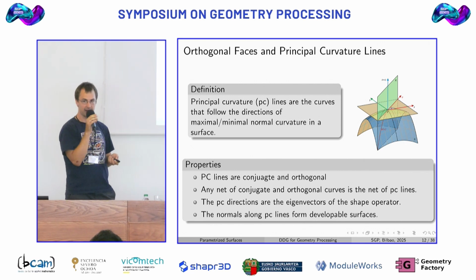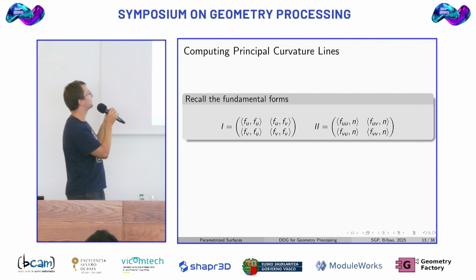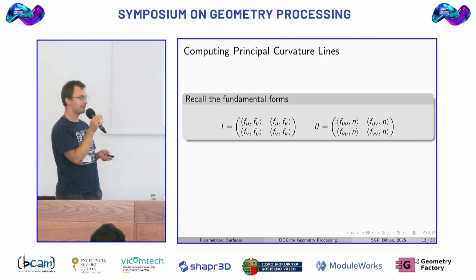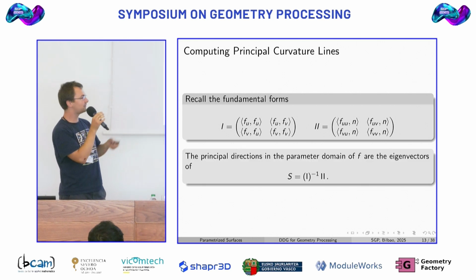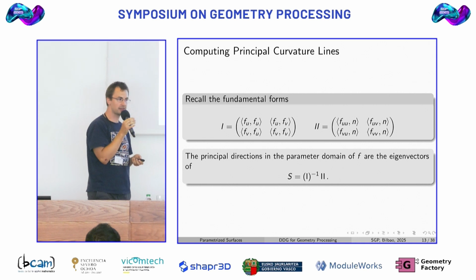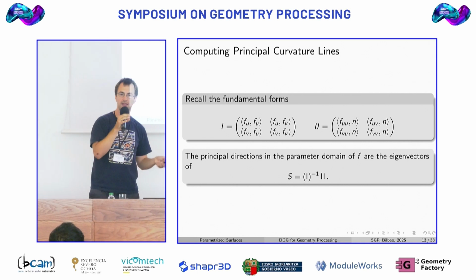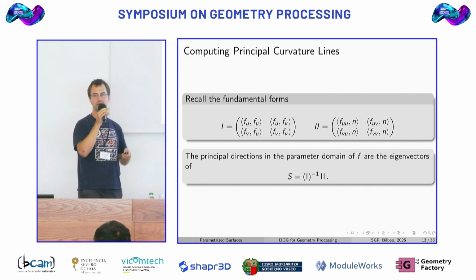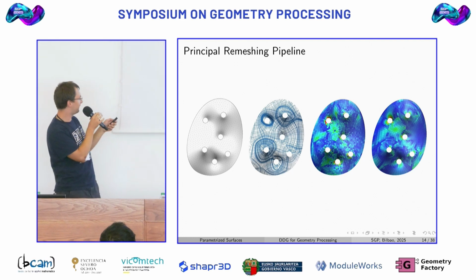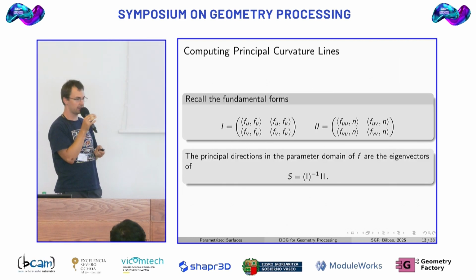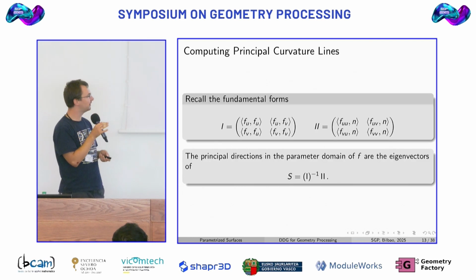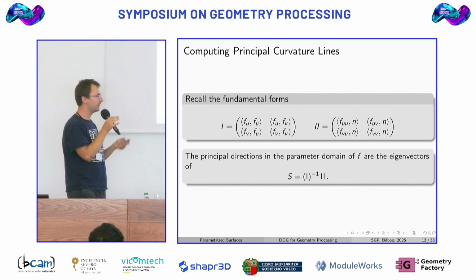What can we do with this now? The first fundamental form and the second fundamental form together define the shape operator. It's just a 2x2 matrix. We can compute the eigenvectors of this matrix, and this gives us the directions of the principal curvature lines. So this is a way to compute them.